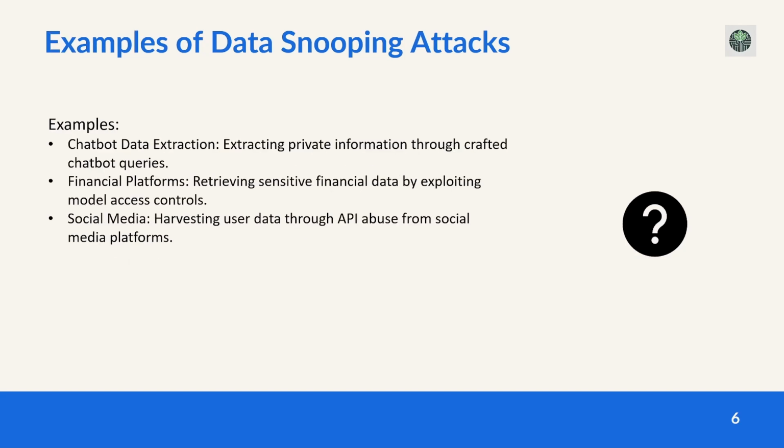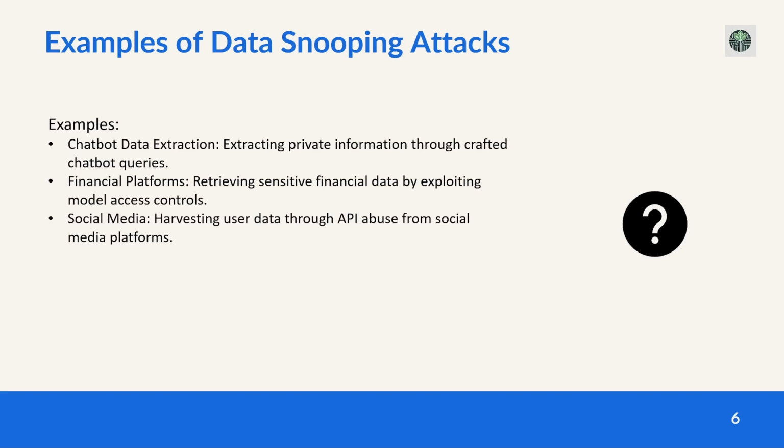Now let's take a look at some real-world examples. Chatbot data extraction involves crafting queries that manipulate chatbots into revealing sensitive information, like personal or financial data. In financial platforms, the attackers will exploit weak access controls to steal banking or investment data.